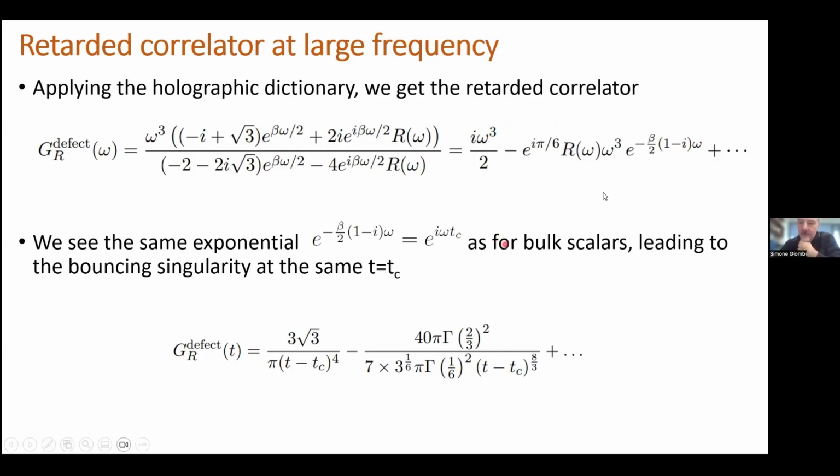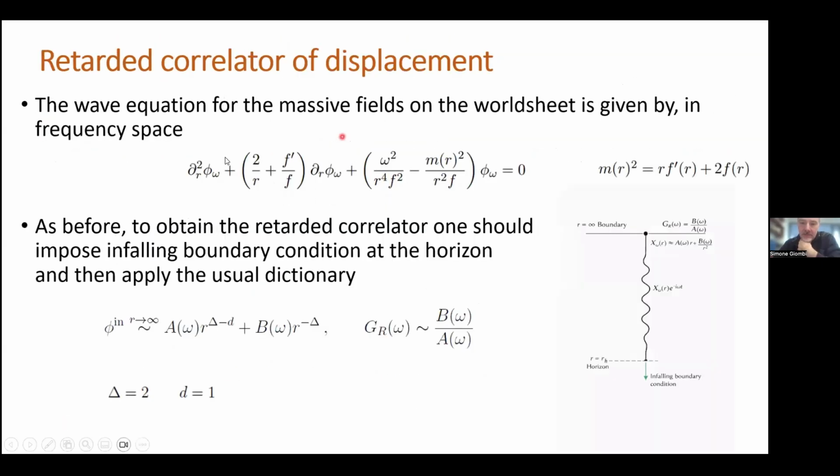Okay, so we see from this procedure, we get the exact same exponential, which is not too surprising a posteriori, because the wave equation that we're solving has a very similar structure. It's just some slight difference.